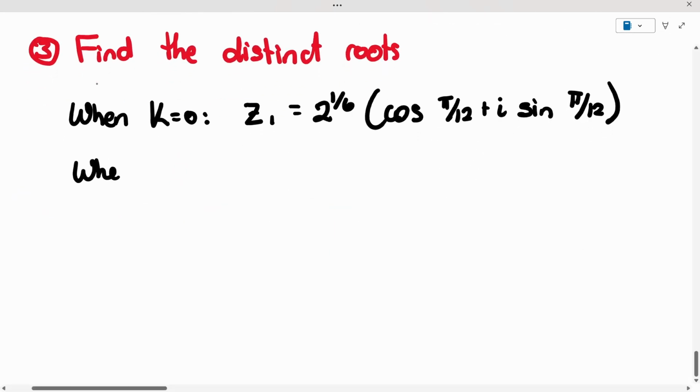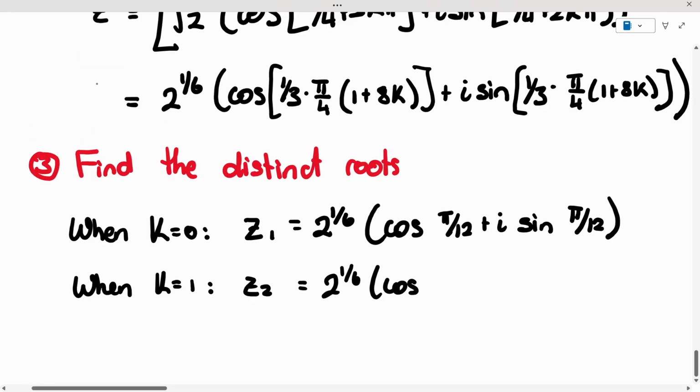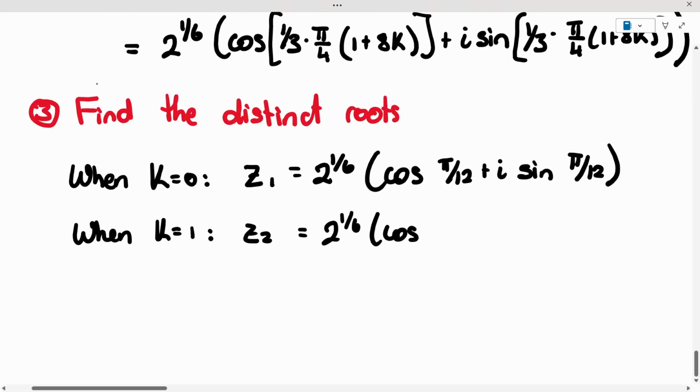When k equals 1, we have z2 equal to 2^1/6 cos. What does the angle become? It is 1 plus 8 times 1, which is 9. So 1/3 times 9 pi on 4, which is 9 pi on 12, which is 3 pi on 4. But you can leave it like that for now, 9 pi on 12.